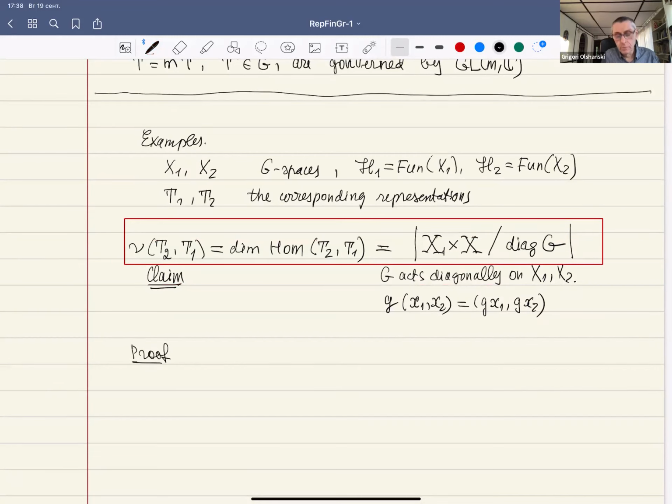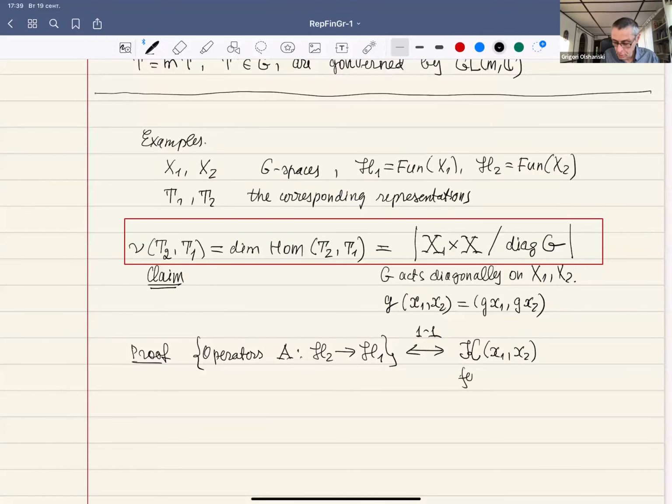There is a one-to-one correspondence between operators A acting from H2 to H1 and kernels, which are simply functions in 2 variables, functions on X1 cross X2.